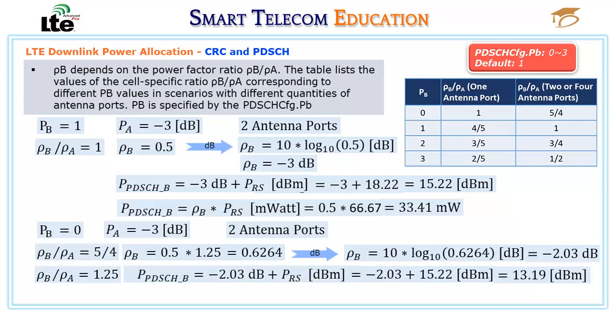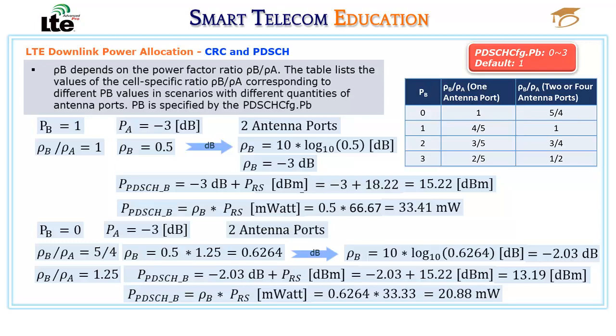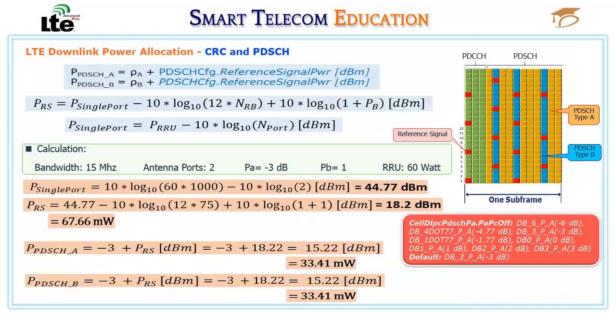So the power of PDSCH type B is -2.03 plus 15.22 equals 13.19 dBm. The reference power is changed because of the new value of PB. The power of PDSCH type B in milliwatt is 20.88 milliwatt. The value of the RS is 67.66 milliwatt, and the power of PDSCH type A and B are equal to 33.41 milliwatt.